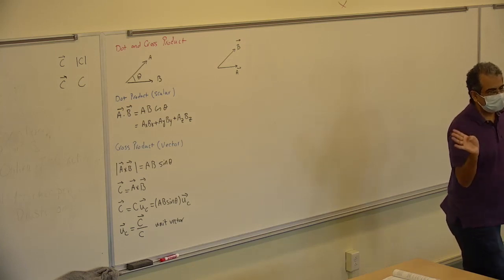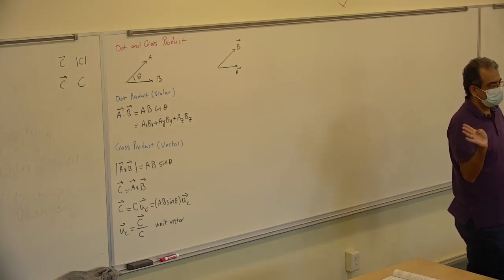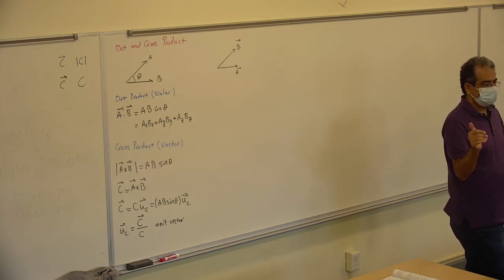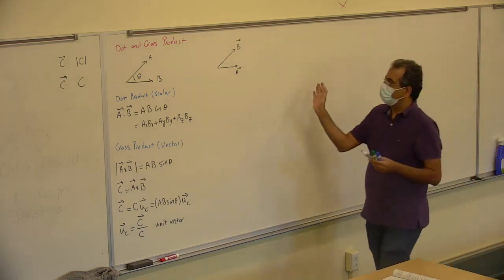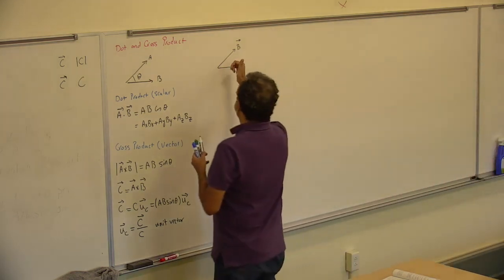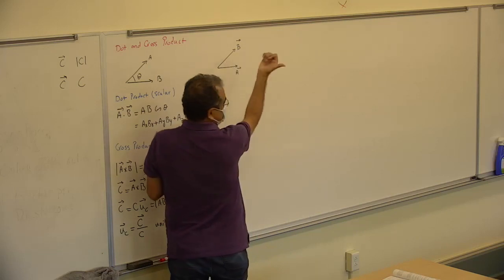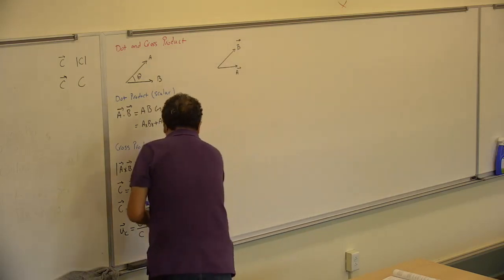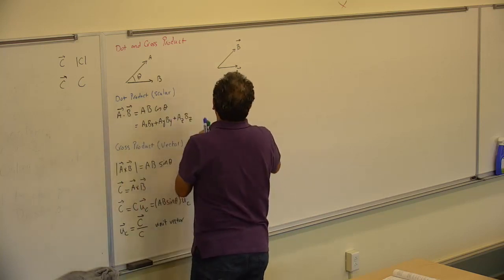Put your forefinger in the direction of the first vector. Carry it toward the second one. Your thumb gives you the C. So if I go from the A toward B, it'll be like that. In 2D, I cannot draw it like that, so I'm assuming I draw it like this.